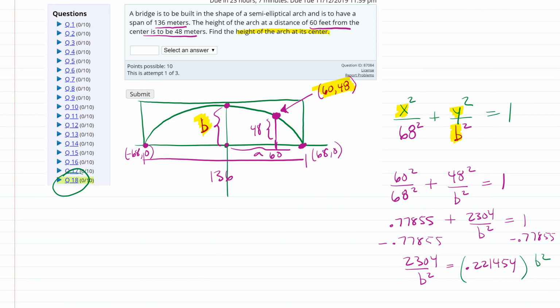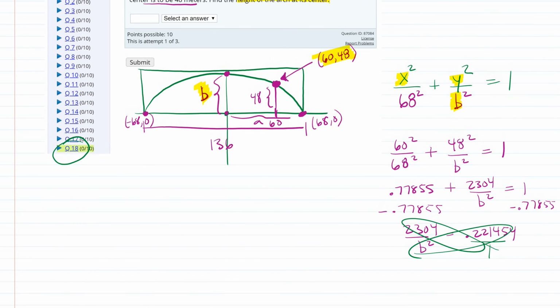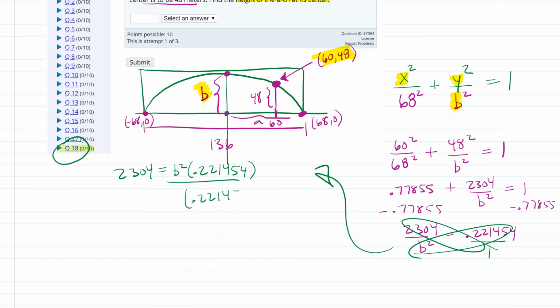The other way to look at this that might make more sense is to just cross multiply. If we cross multiply, we get 2304 is equal to b squared times 0.221454. Divide by that number.